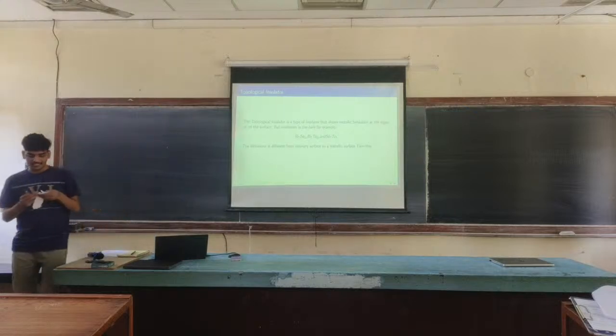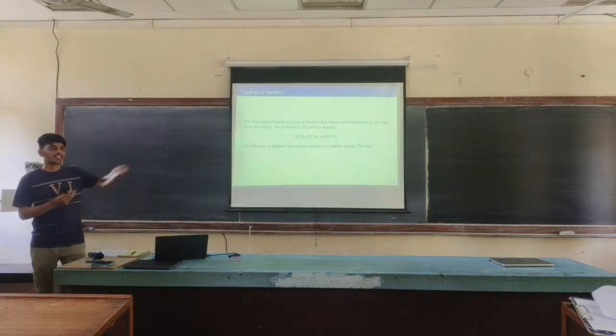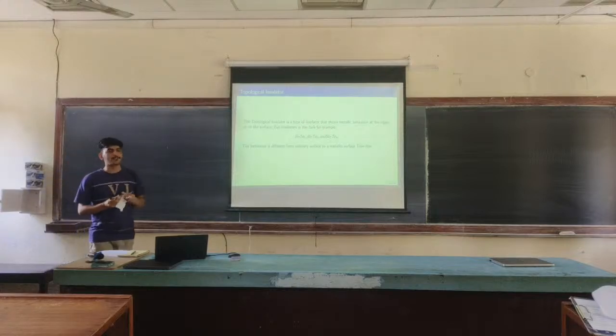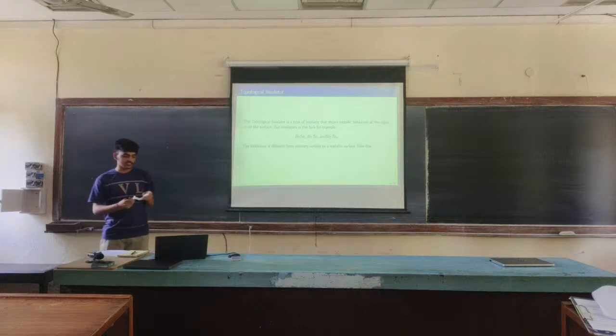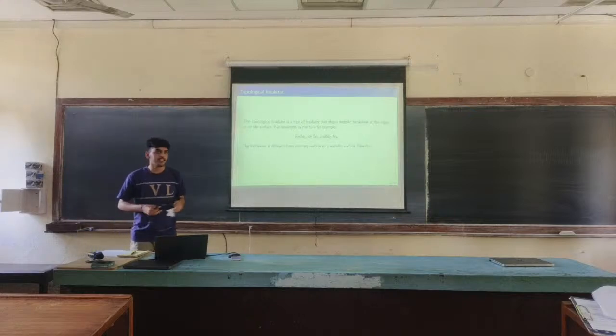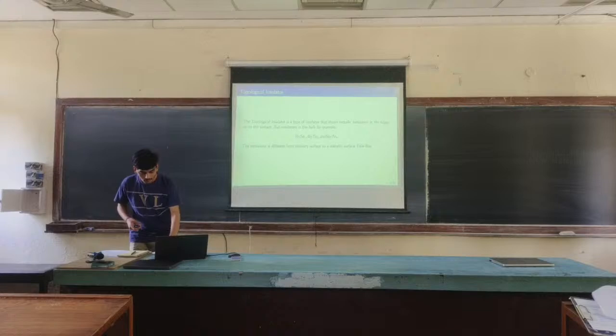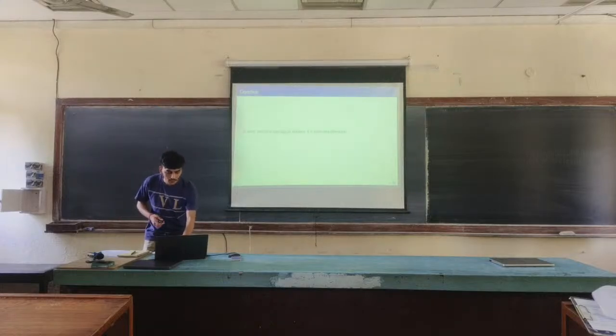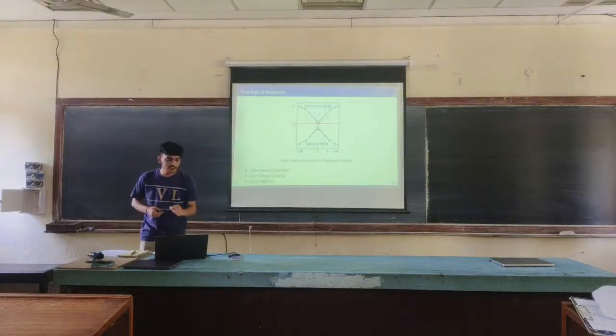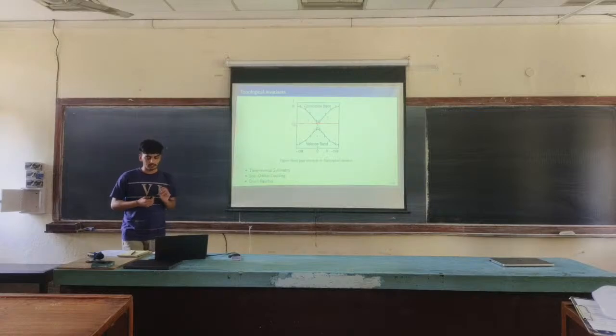For example, this is a sample which we have created in the lab. So it's not a topological insulator. Why is this not a topological insulator? Because it does not have a topological invariant, which I will talk about further.